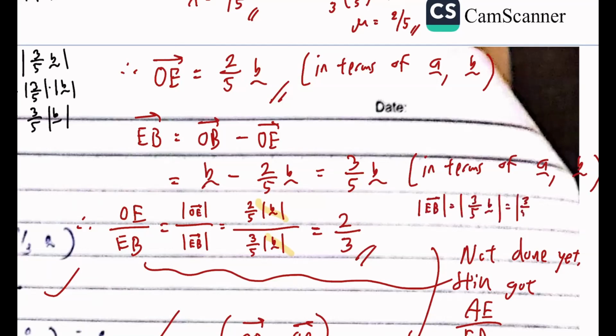It's just modulus 3/5 times modulus of vector b. But the modulus of a positive number is still positive, so I can now drop the modulus. So I'm left with 3/5 of modulus vector b, which is what I have at the denominator here. Then what do you notice about modulus b and modulus b? They can cancel out. Then you're left with 2/5 over 3/5, which is 2/3.